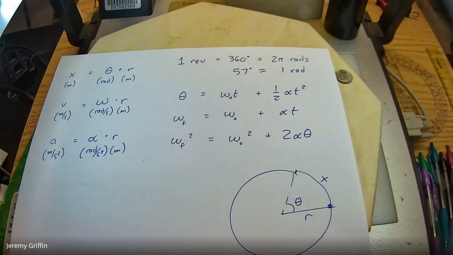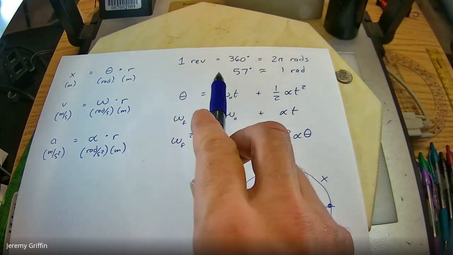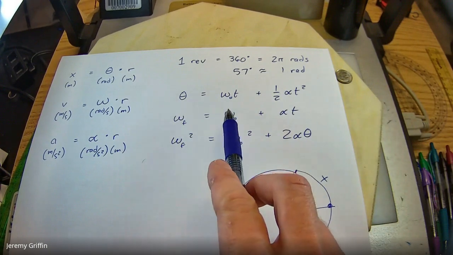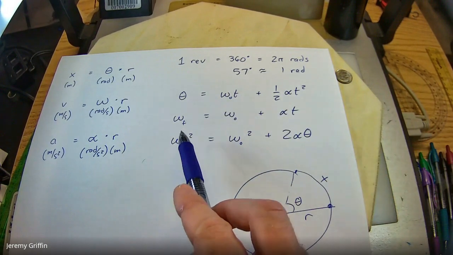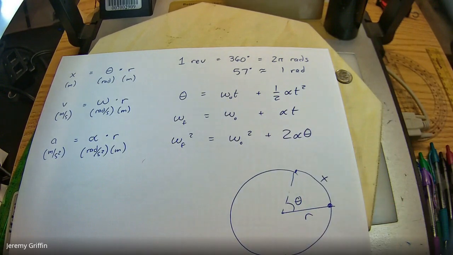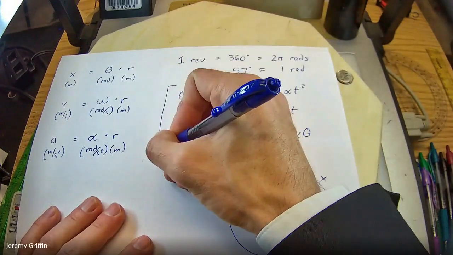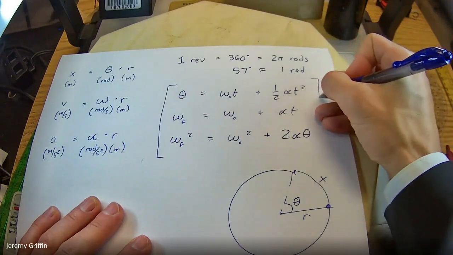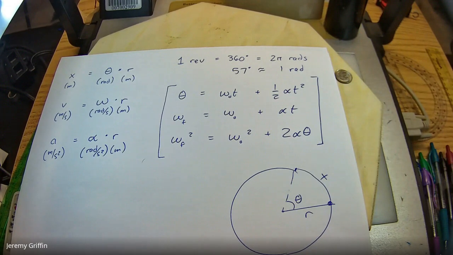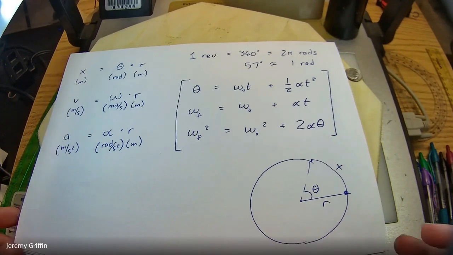The analogous parts are x equals v naught t plus half a t squared, v final equals v initial plus at, and v final squared equals v initial squared plus 2ax. So these are the 3 kinematic formulas, and that's the yellow poster up above.